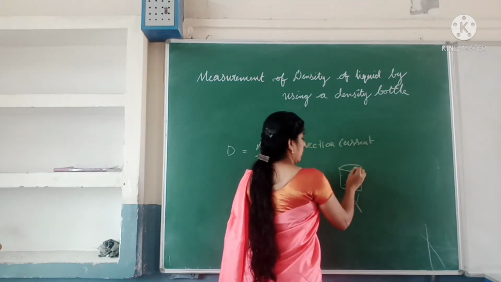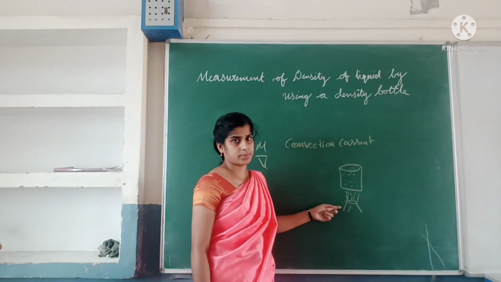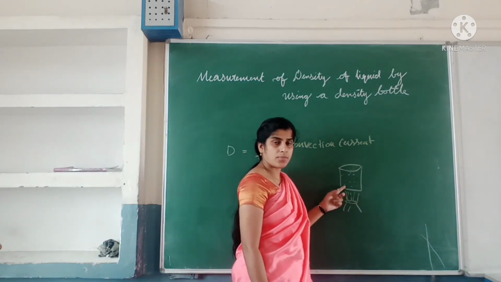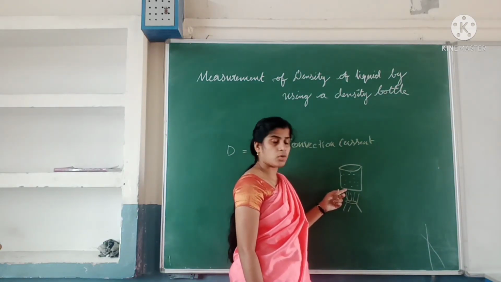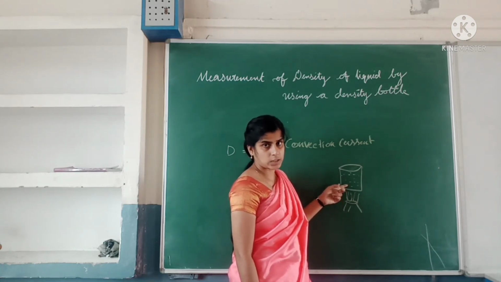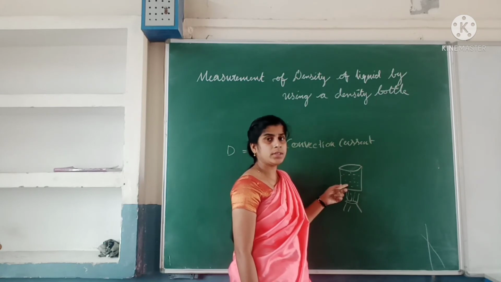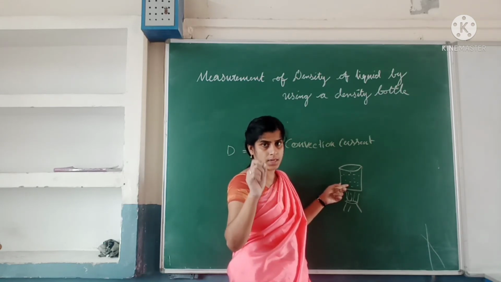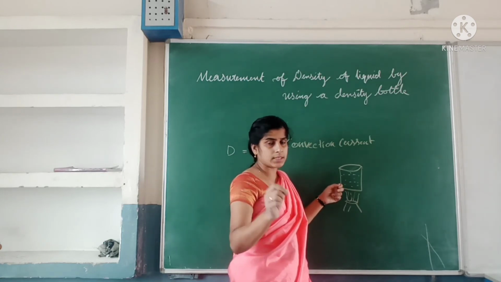Convection current, when the water heats up. The water close to the vessel bottom starts to expand. Now the density of the water is very less, the density of the water decreases.